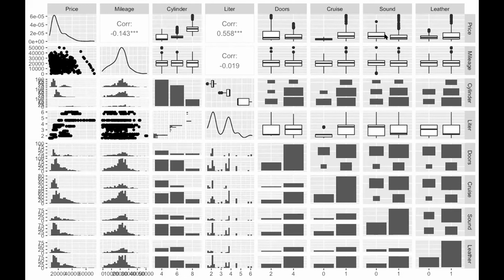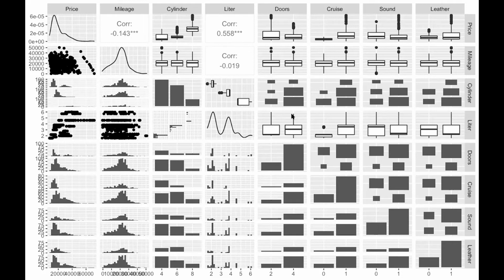And there may be some differences for sound and leather, but the differences may not be that significant. You can still see the price and mileage has a negative correlation coefficient. Price and liter has a positive correlation coefficient, and also for the cylinder, you can see there are some differences on the price because this box is much higher than the other 2.